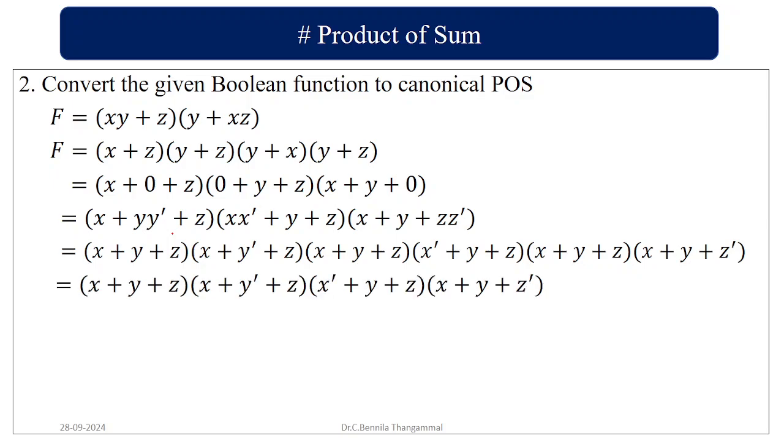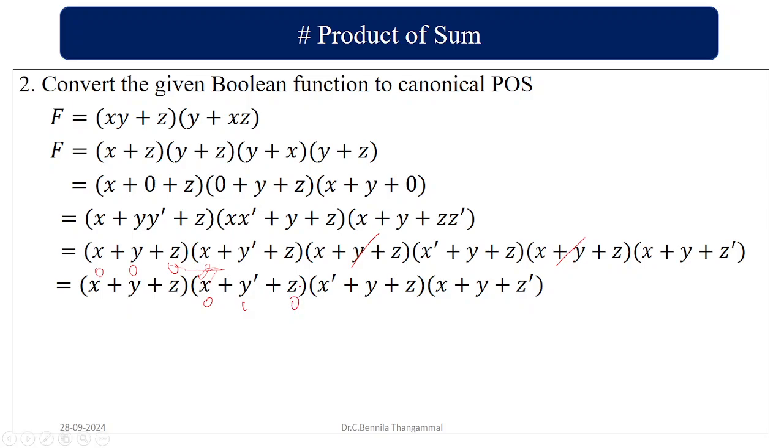Then the redundant term should be reduced, and the remaining term should be taken. And then since this is going to be the product of the original will be 0 and then the complement will be 1. So this is going to be 0, 1, 0.